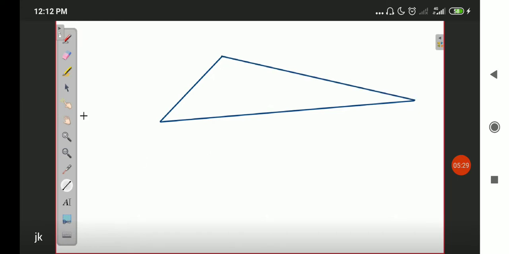Let us name it A, B, C. Okay, so for the scalene triangle, how many perpendiculars will we have? 3 perpendiculars. For any triangle, we have 3 perpendiculars. Let me draw them. This here is the first perpendicular. Let us name it BN.